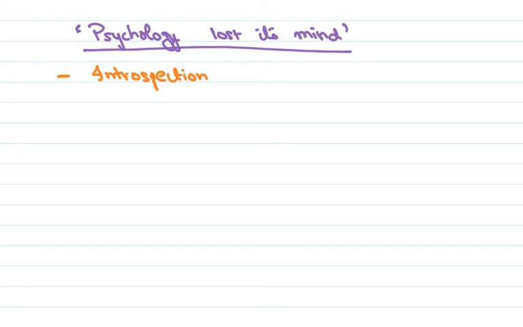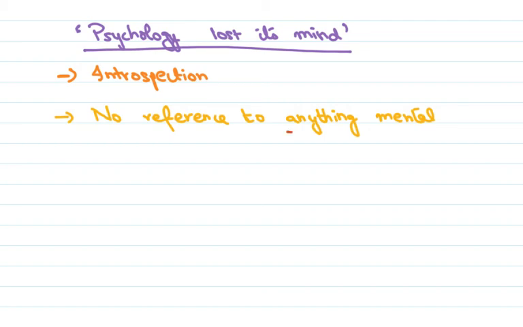Especially with B.F. Skinner's writings becoming popular, no reference to anything mental is allowed, right? Because with behaviorism, you're studying only overt behavior. And hence, any reference to anything mental has no longer any place in the discipline of psychology, which has become the scientific study of behavior, right?